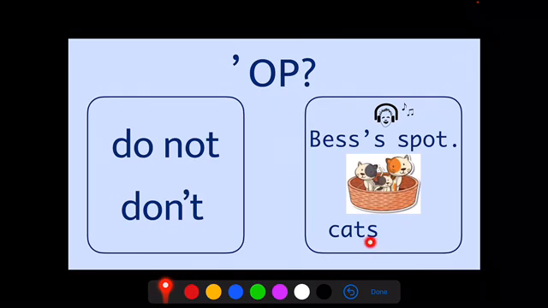So we add suffix S first because there's more than one. Then we add the apostrophe. And anybody reading cat's spot would know straight away that they are reading about more than one cat.